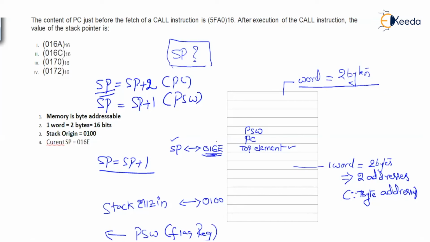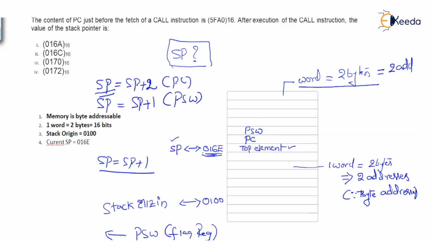From one address to the next address, the stack pointer will get incremented. One word is equal to 2 bytes, and every byte is given an address in main memory, so 2 bytes take 2 addresses.